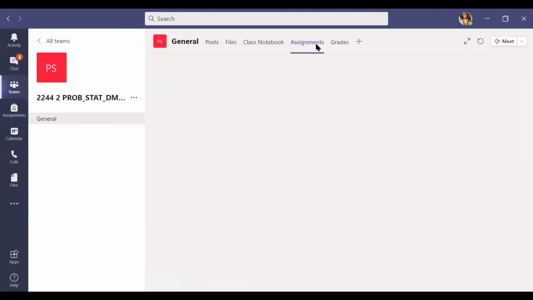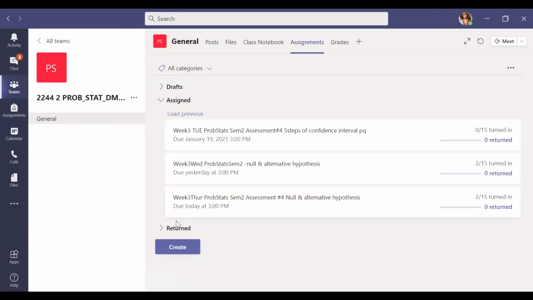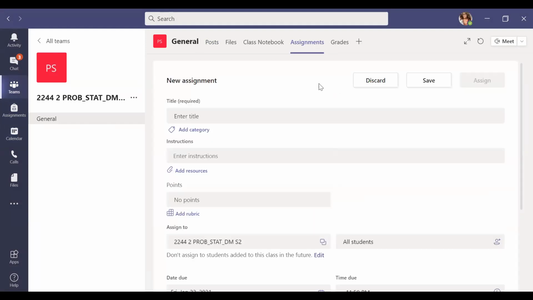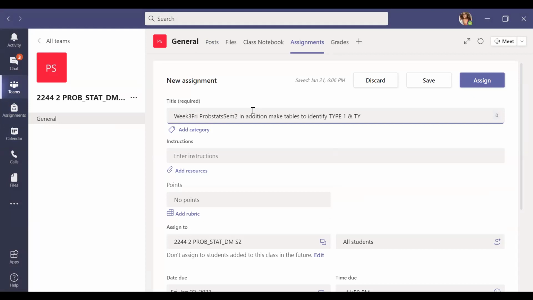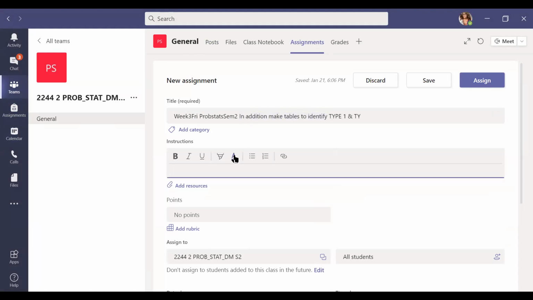I'm going to go to Assignments and Create. So from here, our title for today is Week 3 Friday, ProbStats Semester 2, and we are going to be talking about identifying type 1 and type 2 errors using a chart.